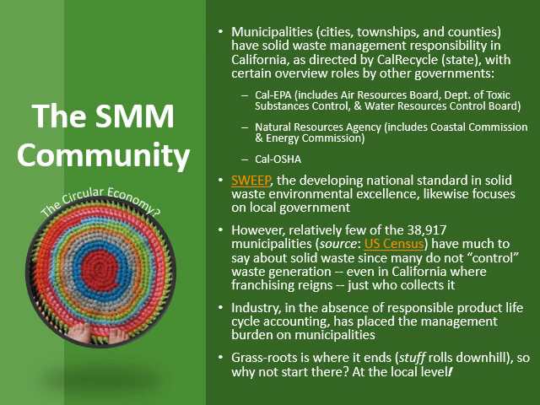And obviously, if you want to do anything in a coastal area, and coastline is very important in California, you've got to deal with the Coastal Commission. And then finally, there's also Cal OSHA, the Occupational Safety and Health Administration. California has its own version of what happens across the country with OSHA, and they call that, of course, Cal OSHA. And so workers are protected in California by that agency.